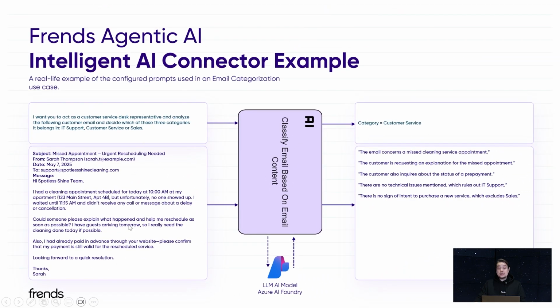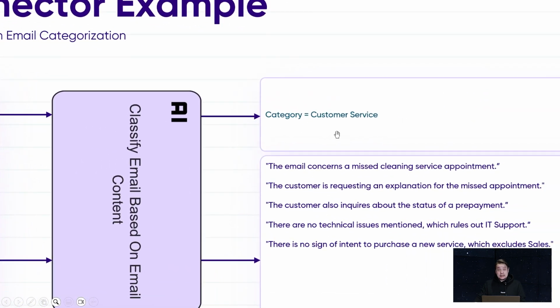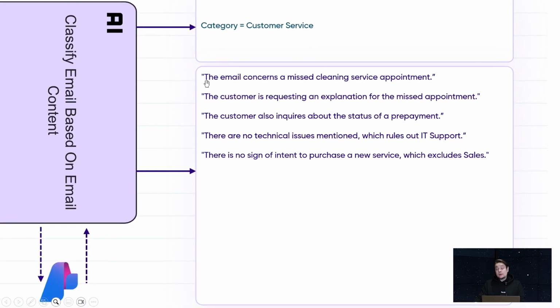So now, using these 2 as the input, what the output will actually be is now a JSON representation of the category, which in this case is the customer service. And most importantly, we can then also see the reasoning log saying that these were the steps that the AI basically actually took to get to the end result that this should be treated as a customer service email.